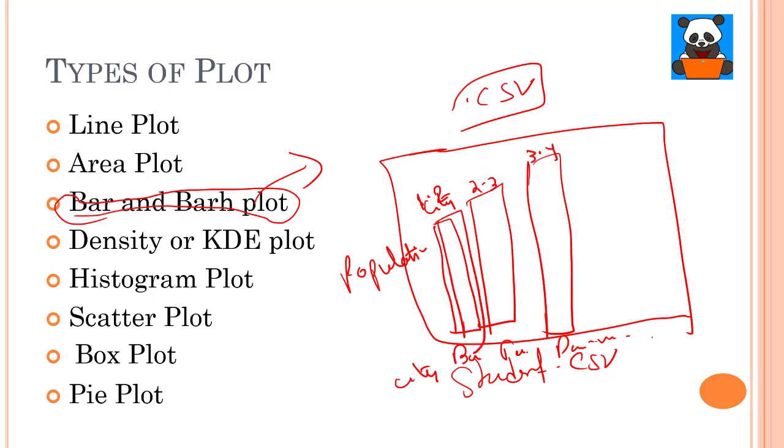The population is denoted in a bar way, giving the visualization. This is one important plot in visualization where we can use the bar.